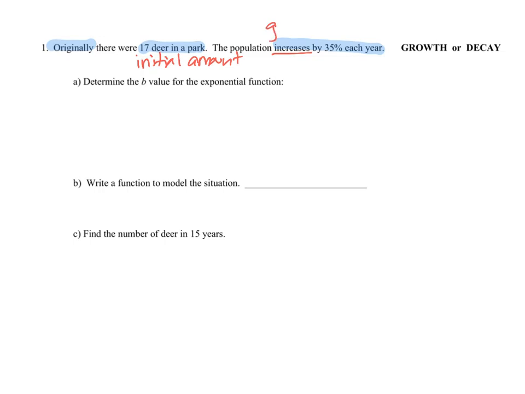Increases tells me that we're going to have growth by 35% each year. So X is in years. And 35%, well, I'm going to have to use that to help me find the B value. Okay, so is this growth or decay? Well, this is growth. And we said this is growth because I have the word increases.